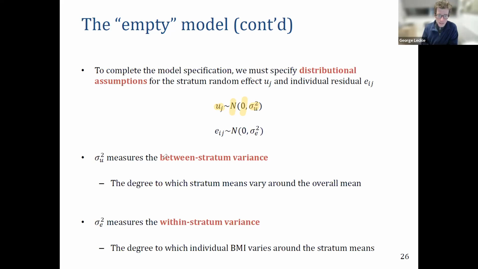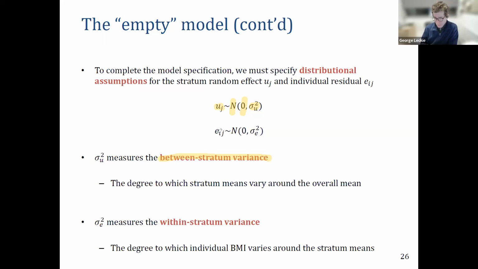That sigma u squared is referred to as the between-stratum variance. It quantifies how variable our stratum means are, which is the very thing of interest. The greater the variability, the greater the sociodemographic inequalities.